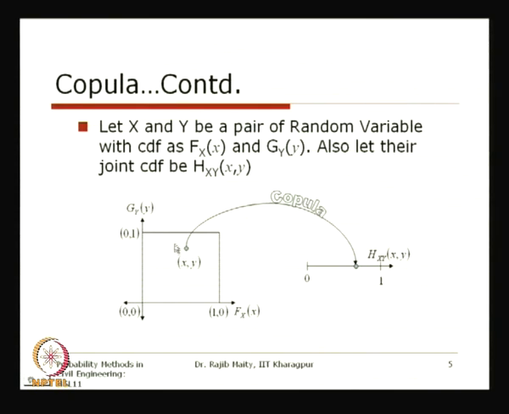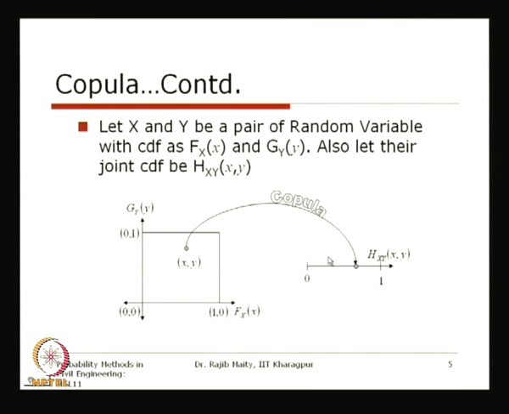Again, the same pair of x and y will correspond to another point on this line from 0 to 1, which is their joint distribution H(x,y). So these 2 points, one on the unit square and the other on the line between 0 and 1, represent the same pair of x and y.